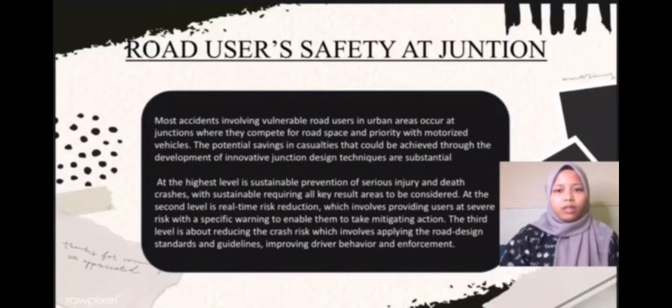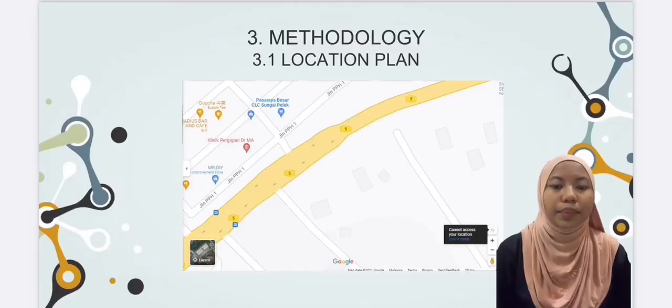The second level is real-time risk reduction, which involves providing users at severe risk with a specific warning to enable them to take mitigating action. The third level is about reducing the crash risk, which involves applying the road design standards and guidelines, improving driver behavior and enforcement. Next is methodology.